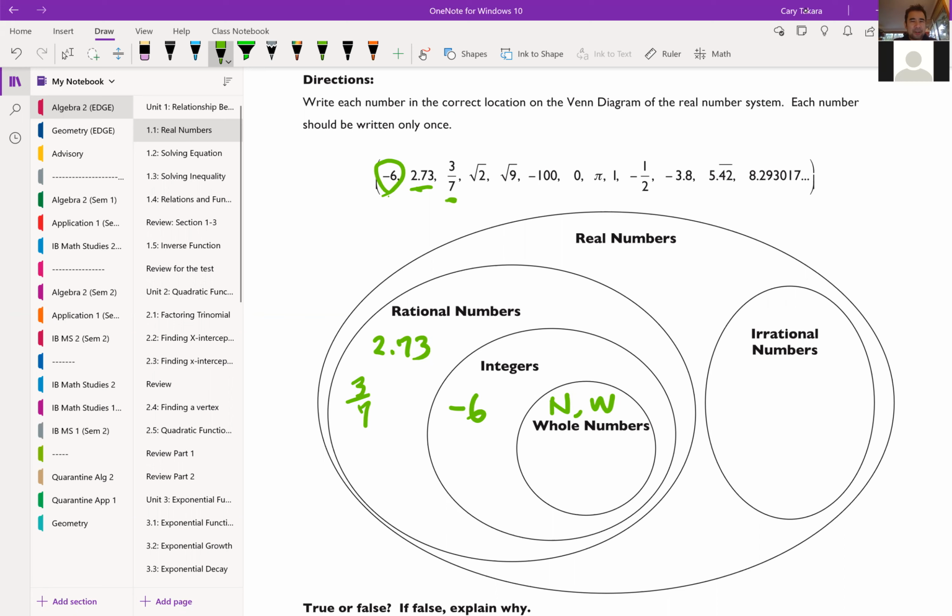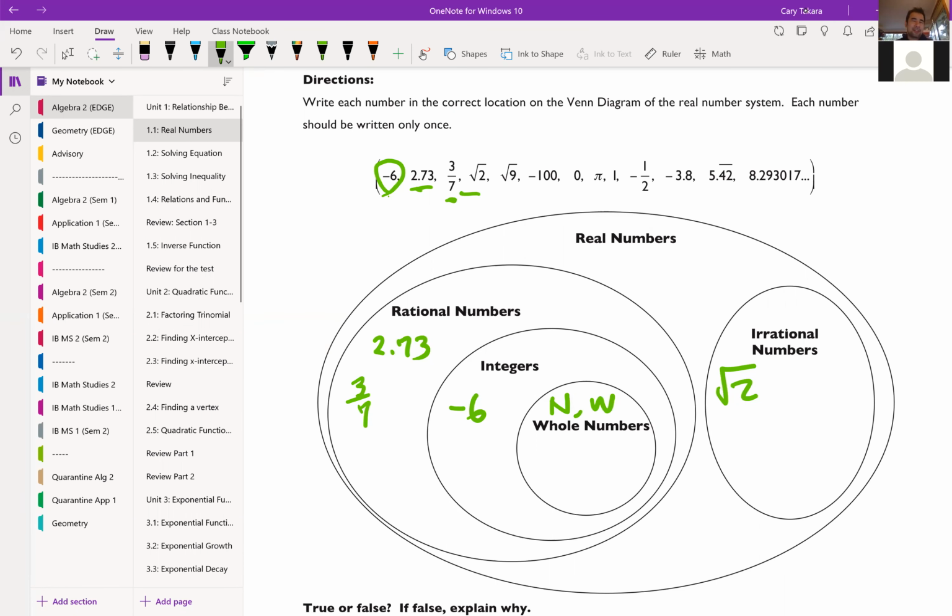Next one. So you do this one. Why would you place square root of 2? What do you think? Square root of 2, whole bunch of square root numbers are irrational. So square root of 2.